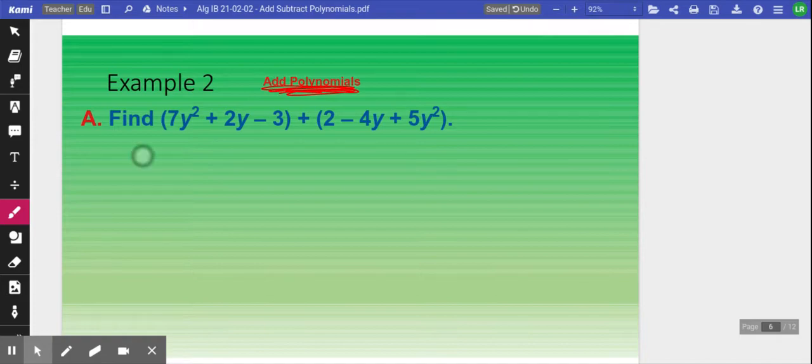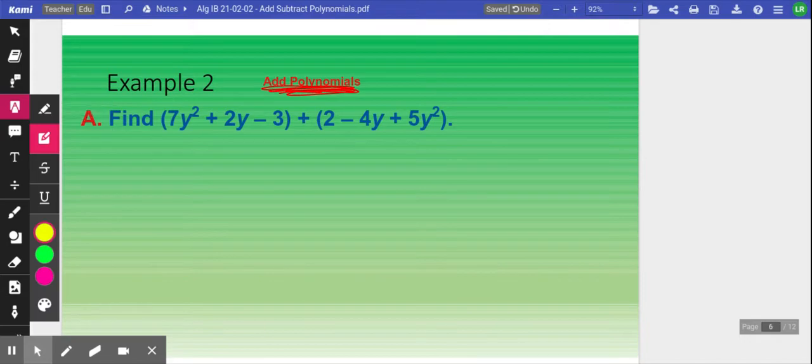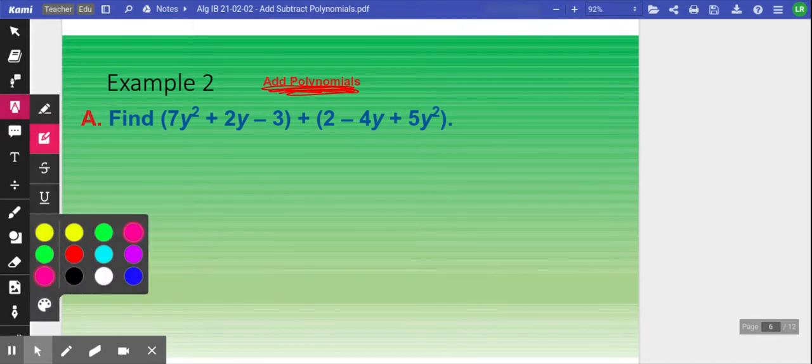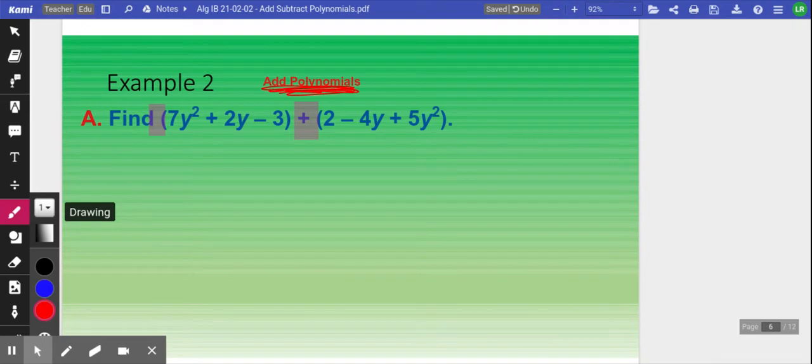If there's any number besides a positive 1, we have to be careful. So I look in front of this parenthesis, and I look in front of this parenthesis, and I double check. That's 1, it's done. The second one, that's positive 1, it's done. So I don't have to do any distribution.